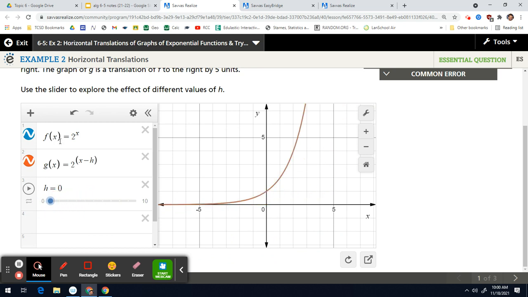So they're on top of each other, right? Because there is no shift. So if h is a positive 1, that's going to say a minus 1 now. Notice you go to the right 1. If h is a positive 2, minus 2, you go to the right 2. Positive 3, minus 3, right 3, 4, 5, and so on, right? So when you have x minus h, and it's a minus h value up in that parenthesis, you're actually shifting to the right that many.